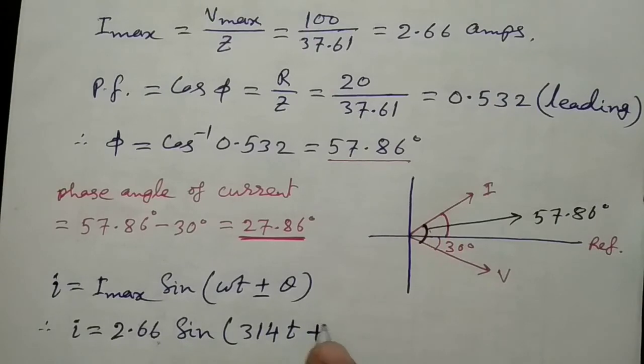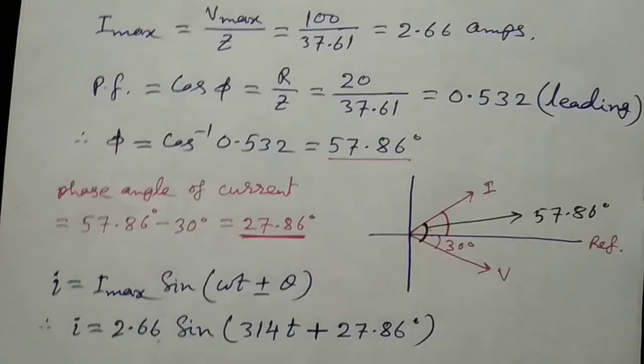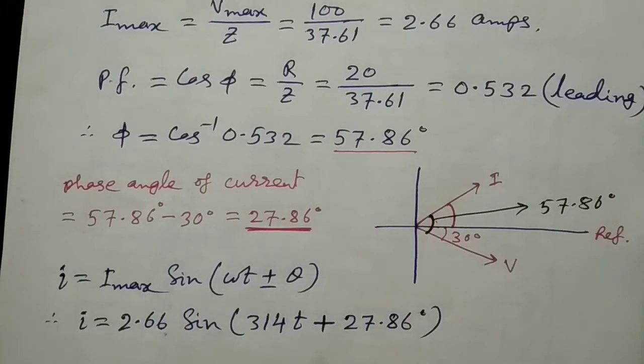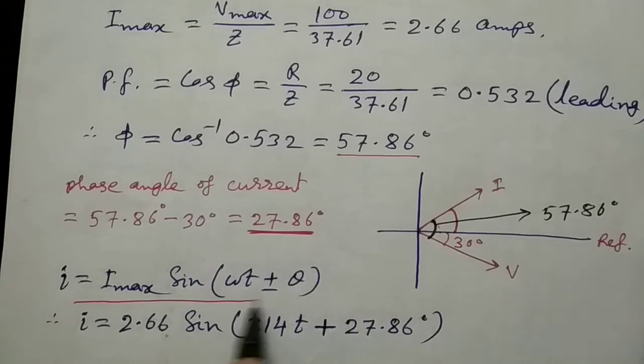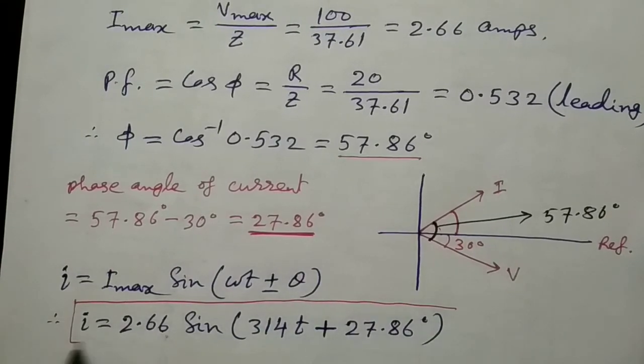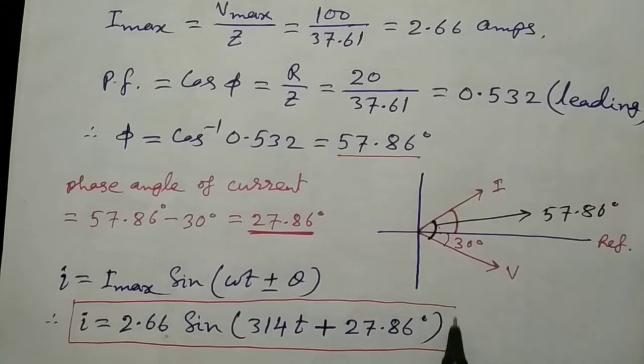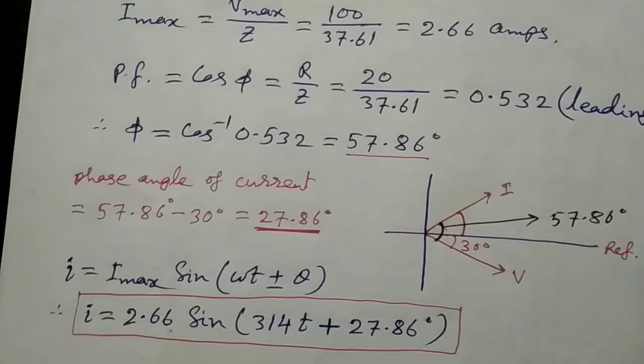Therefore the angle should be plus 27.86 degree. So this is the expression of the instantaneous current.